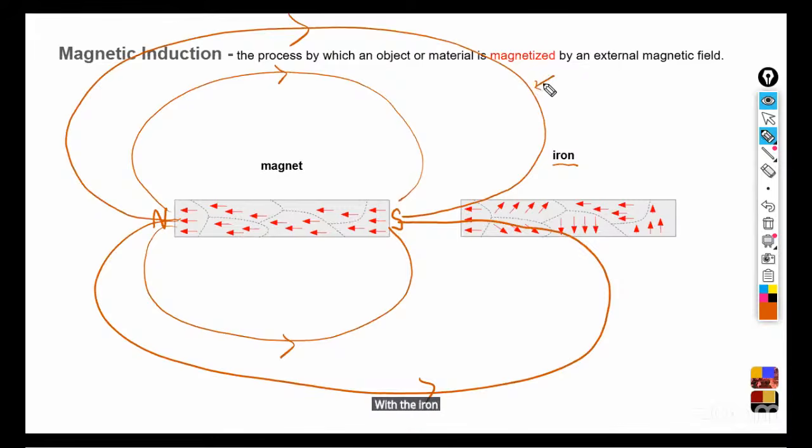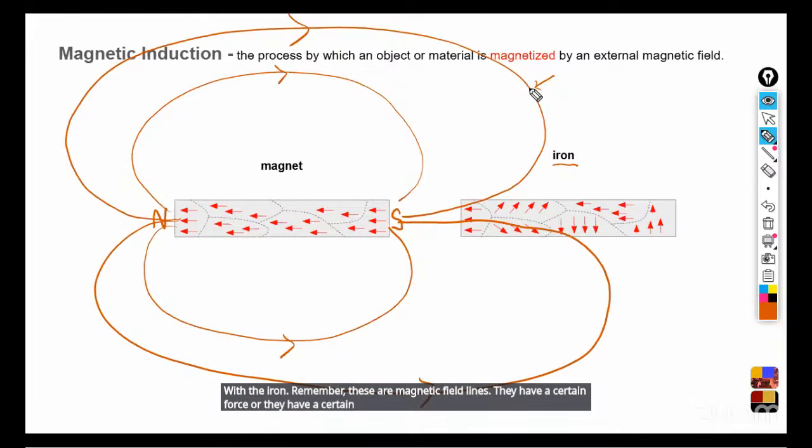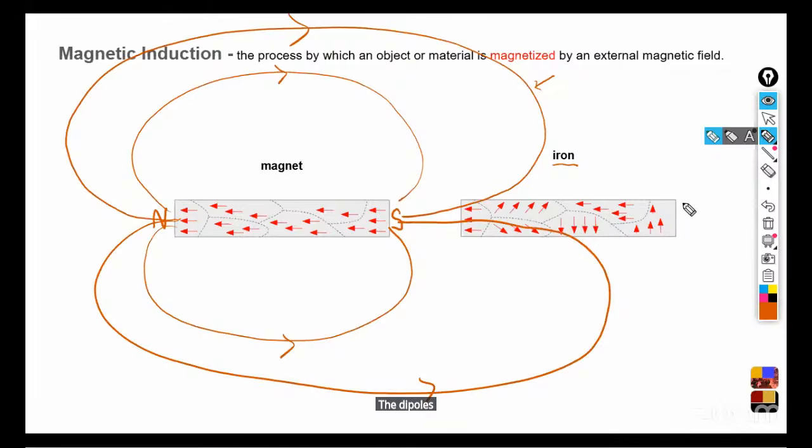Remember, these are magnetic field lines. They have a certain force, or a certain influence. It's like peer pressure. So what's going to happen in the iron? The dipoles are not facing the same direction, so the iron is not a magnet as yet.